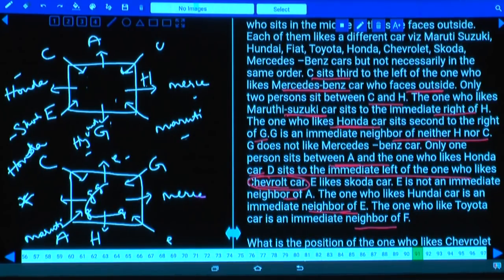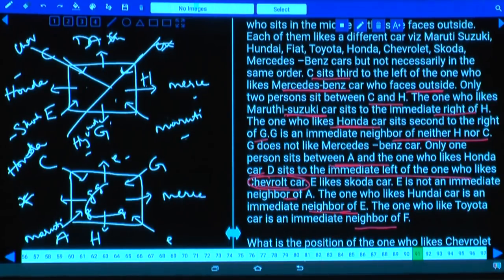Chevrolet cannot be here, and Chevrolet car cannot be here as well, isn't it? Chevrolet car must be at this place. If you take Chevrolet car at this place and D sits to the immediate left, then A and D must be in the same place, which is not possible, and the first case is completely ruled out. Clear?